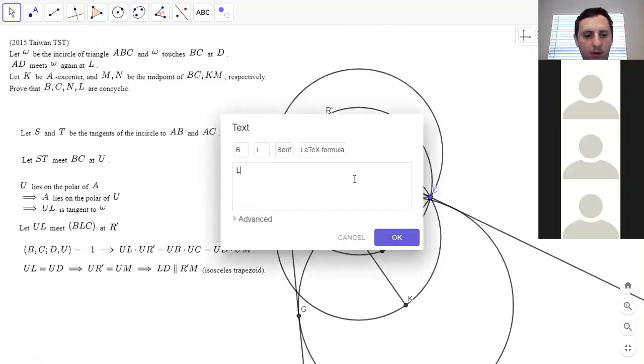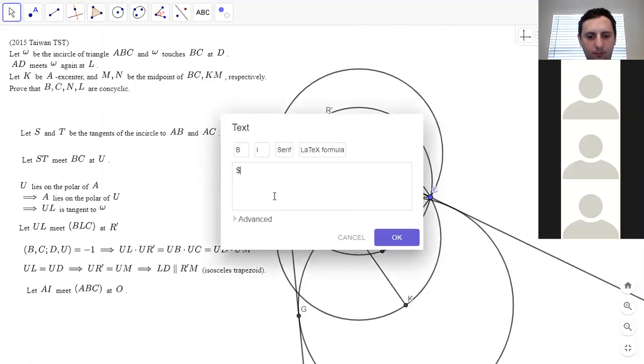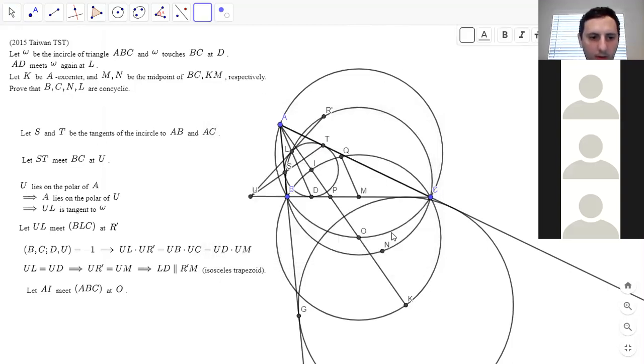So let AI meet the circumcircle ABC at O. This proof's good enough for now. And then OM is parallel to IB. And then we also have AI.